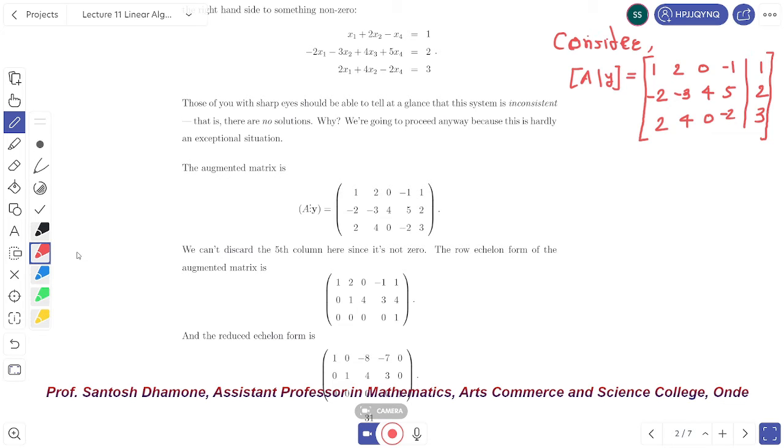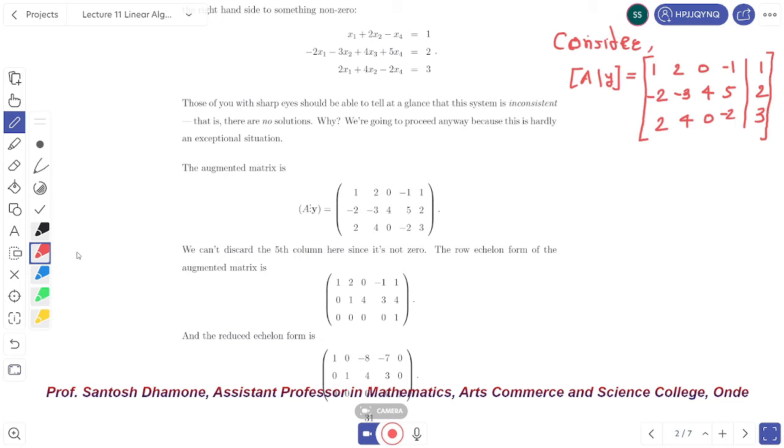For this we use two operations. R2 plus 2R1: multiplying row 1 by 2 and adding to row 2, we get minus 2 plus 2 equal to 0. And for row 3 we take the operation R3 minus 2R1. The first row stays as it is: 1, 2, 0, minus 1 and 1.